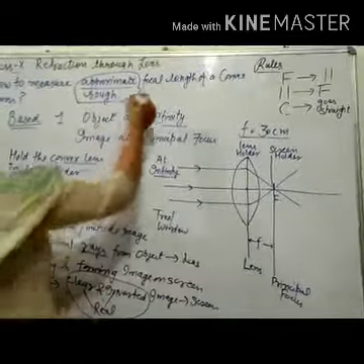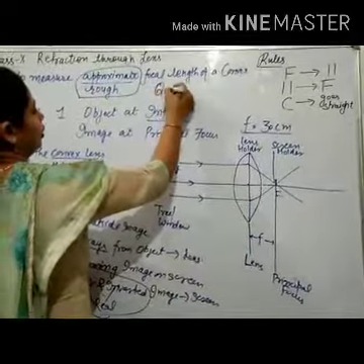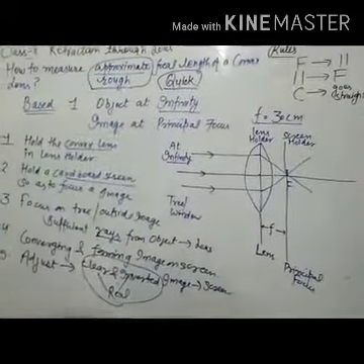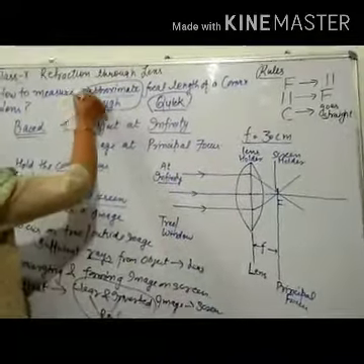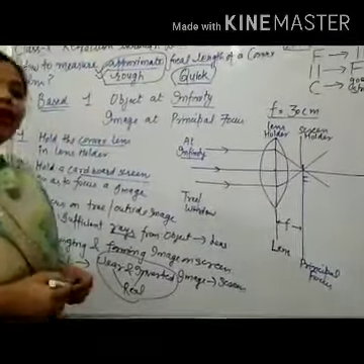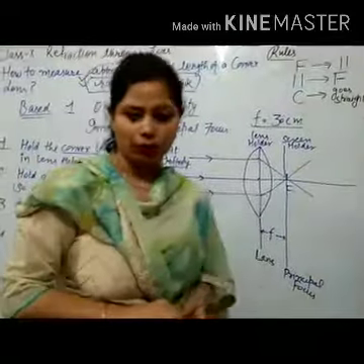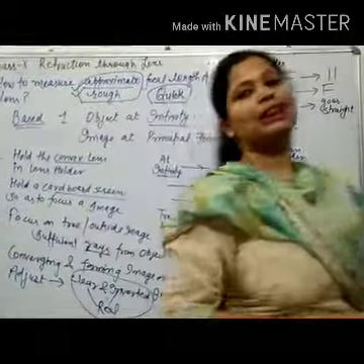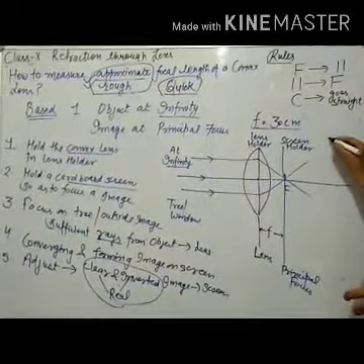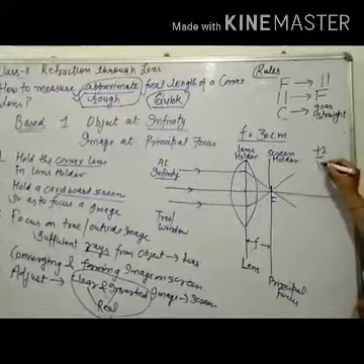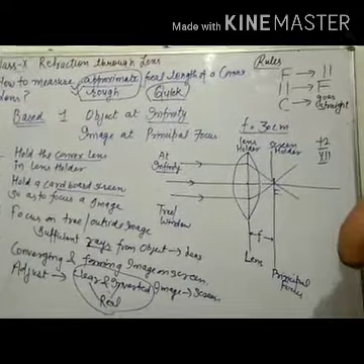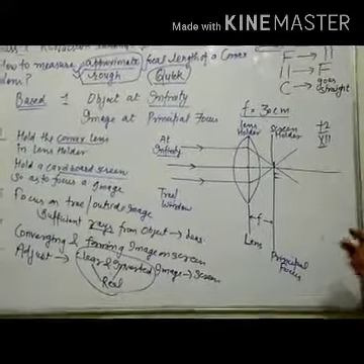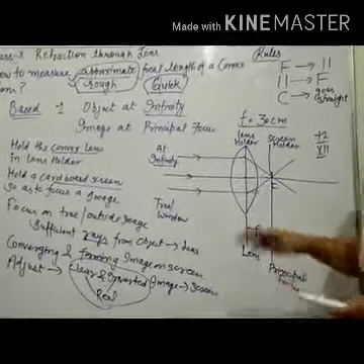So it is a very quick method to measure the focal length of a lens, but it provides just a rough or approximate focal length of a lens. This is a very useful method that we use in senior classes, in class 12th, to do various practicals for image formation. So it is very important.